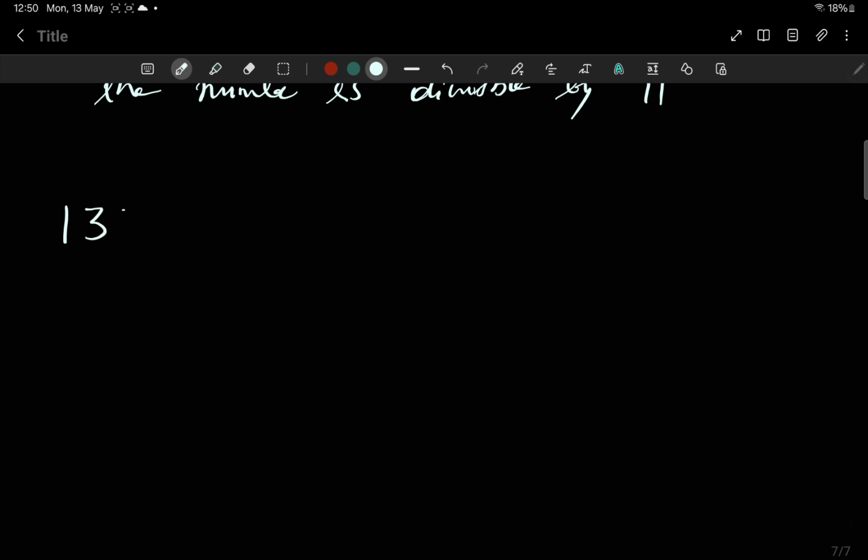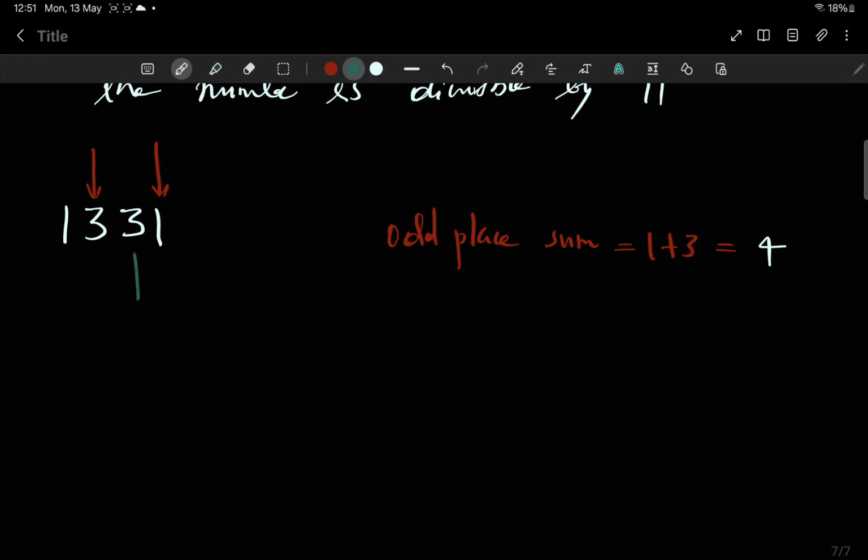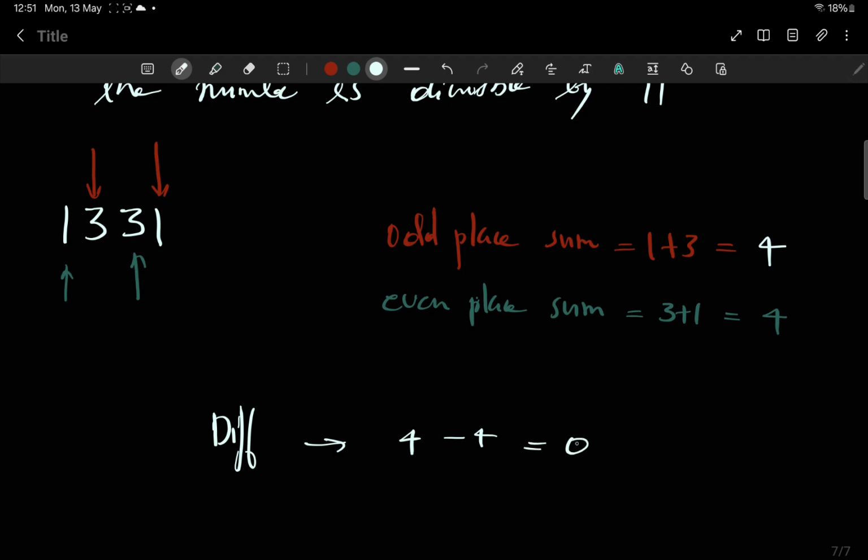This 1331. I'm going to add the odd places, 1 and 3, so the odd place sum is 1 plus 3, which is equal to 4. And let me take the even place sum, that is also 3 and 1, which is 3 plus 1 equal to 4. Next I need to take the difference between these. The difference is 4 minus 4, which is equal to 0.